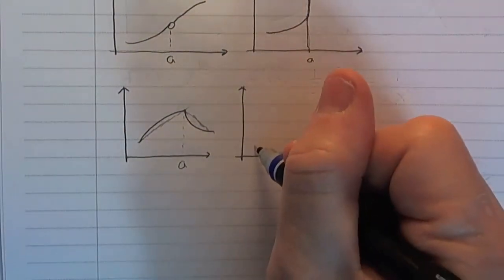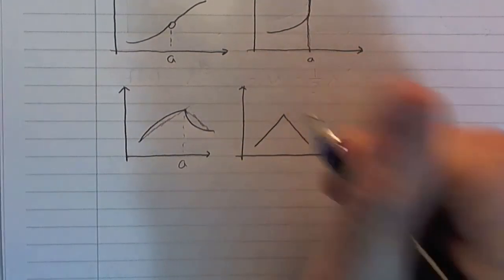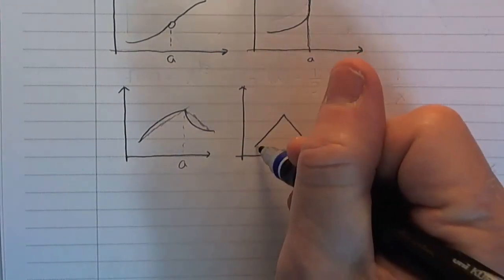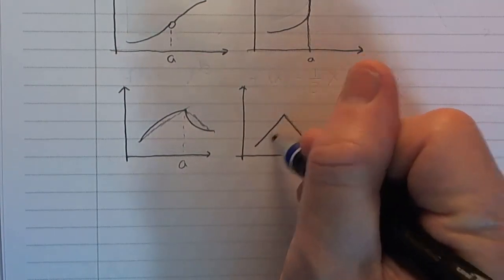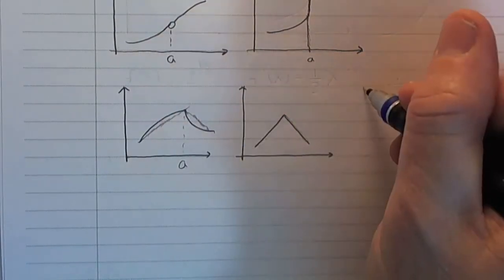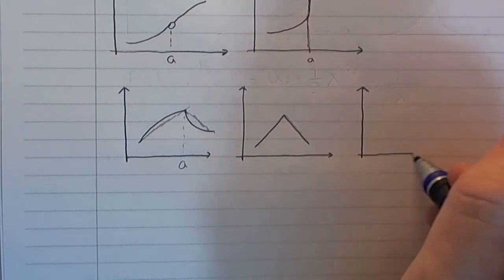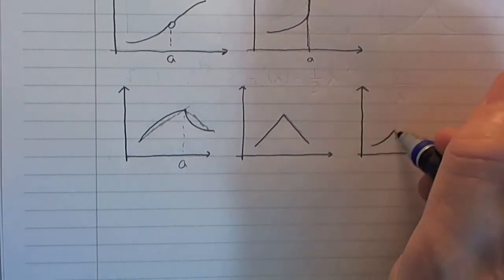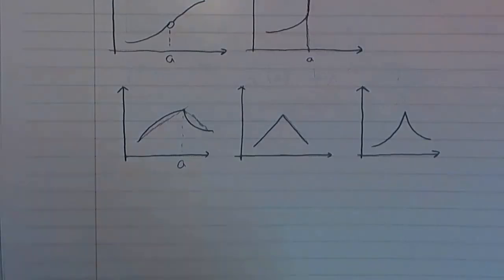So for example, maybe we have something like this. There's a real distinct one there. Notice that the slope of this line is completely different from the slope of this one. So it may be the opposite, right? And let me draw another one here. Okay, so there's another one.